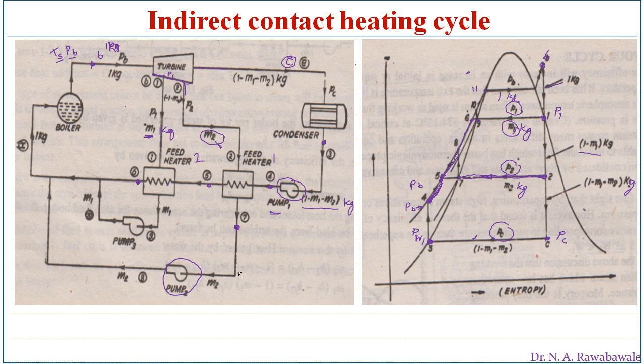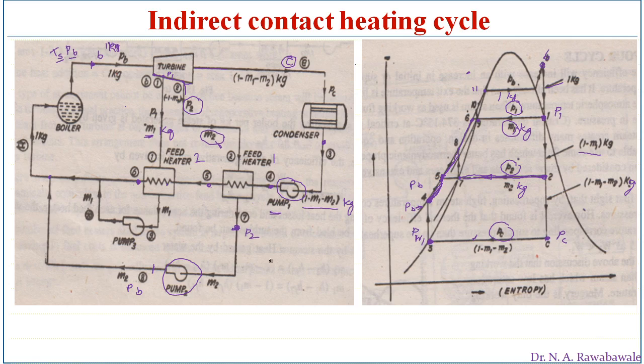So pump 2 increases pressure from point 7 to 8, that is from pressure P2. So here the steam which is coming out is at pressure P2. So the pressure at point 7 is P2 and this pressure is increased by pump 2 to the boiler pressure PB because this condensate has to be supplied directly into the boiler. It connects directly to the boiler line.